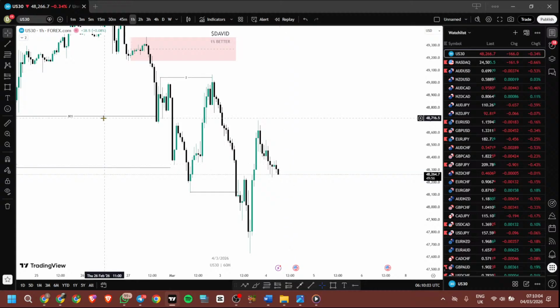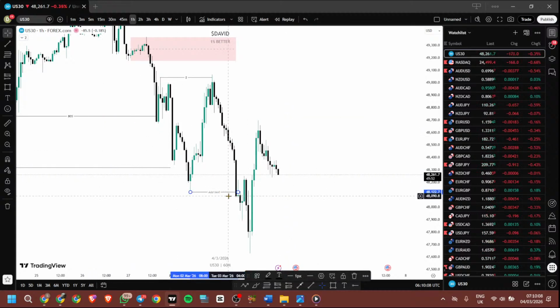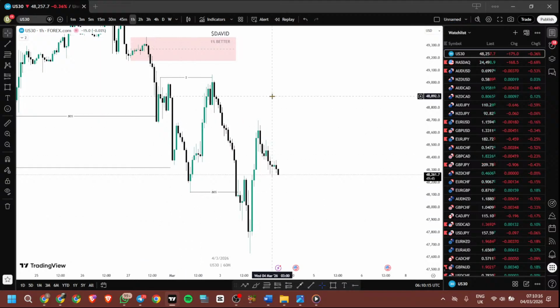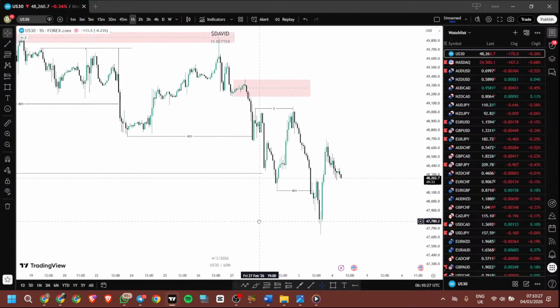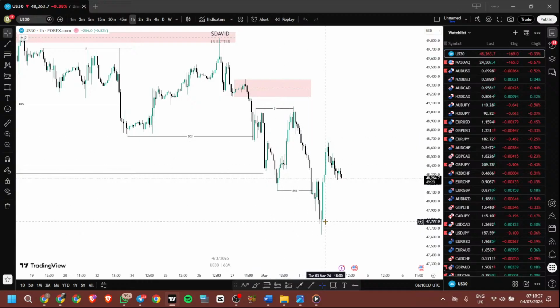This is basically top-down analysis for US30. So this was a what? Break of structure. This was a break of structure, right? Then after a break of structure, right?